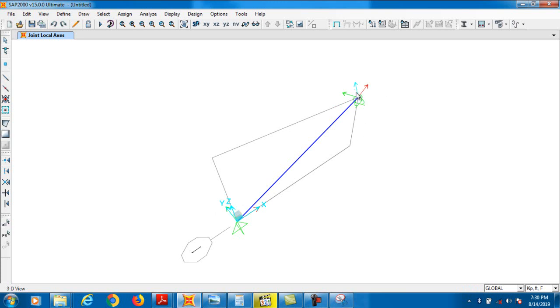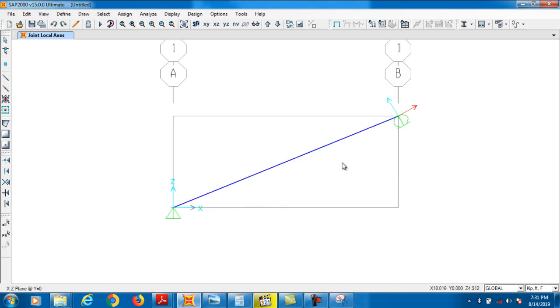Clear? You see that now the joint axes are basically in this shape. Clear? Now one thing you must make sure, that we need to rotate the local axis of the beam element.